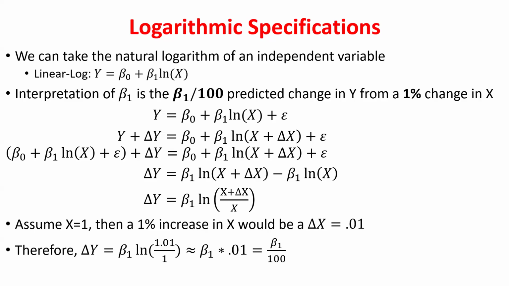Okay? So now the interpretation of beta 1 is no longer a 1 unit change in my SAT score. It's going to be a 1 percentage change in my x variable, or in this case, a 1 percentage change in the student's SAT score.